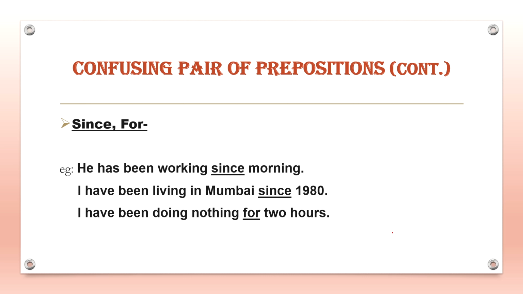For example, he has been working since morning. I have been living in Mumbai since 1980. I have been doing nothing for 2 hours. So 2 hours is basically a period of time. It's a duration. Hence, for will be used. So I have been doing nothing for 2 hours.